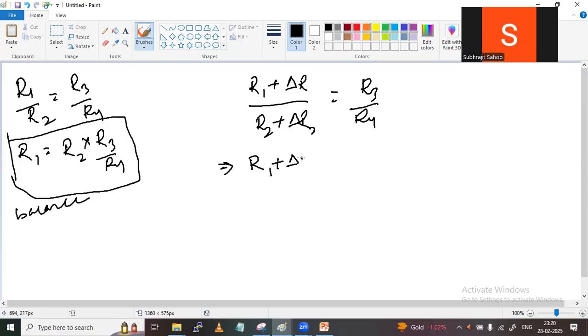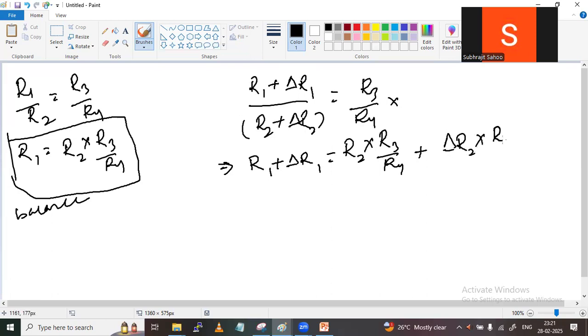R1 plus del R1 equals, this term will be multiplied, so I write directly R2 into R3 by R4 plus del R2 into R3 by R4, just opening the bracket and passing the multiplications to this term, right?